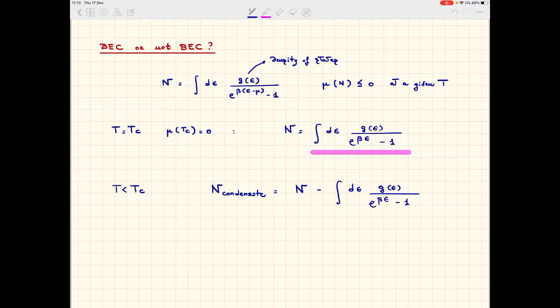Okay? So this is the total number of particles that sit in the condensate, while this integral here for temperature smaller than Tc tells you how many particles are outside the condensate. Okay? So all of this is clear, right?